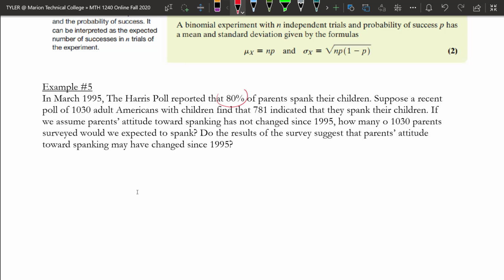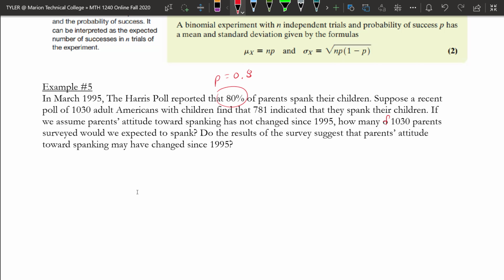So this 80% value is your P. That's the probability of success, where in this case, success is parents spank their children.